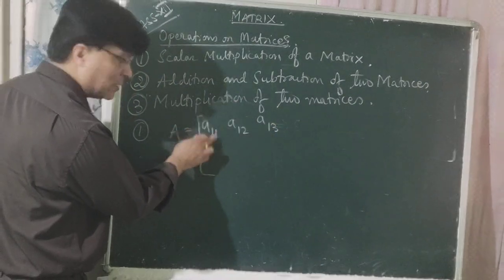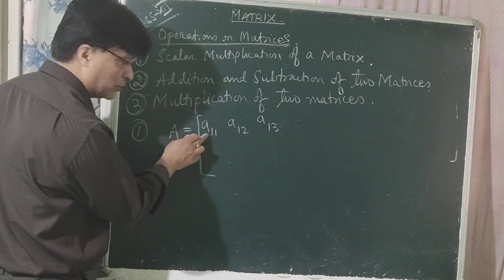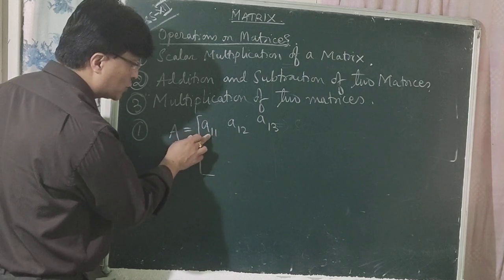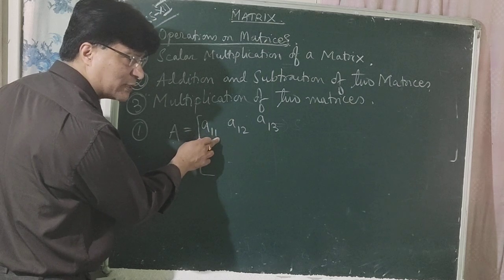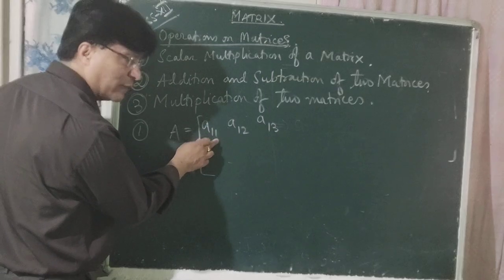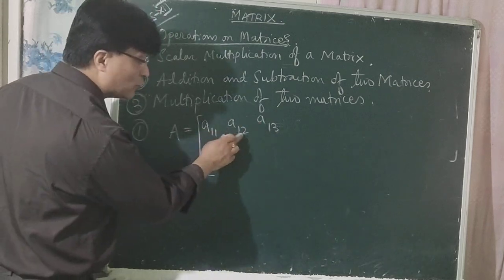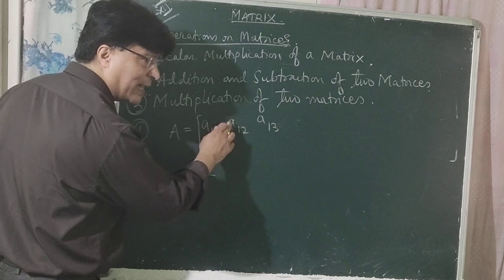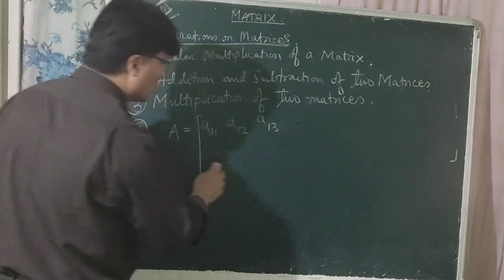A11 means the element in the first row and first column. The first number represents the row and the second number represents the column. A12 means the element in the first row and second column. A13 is the element in the first row and third column.